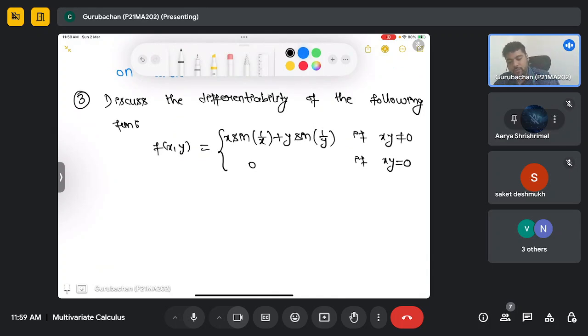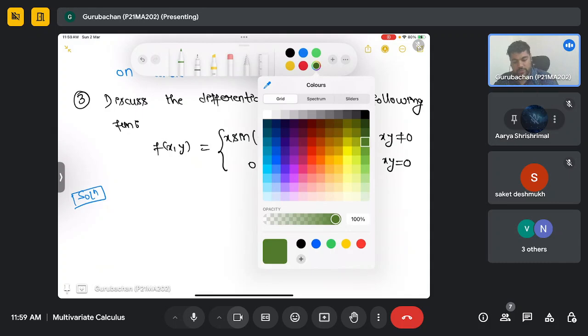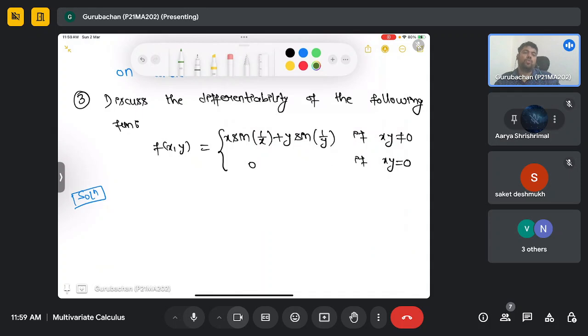So let me first recall the exact, or you can say precise, definition of differentiability that we use to check it.